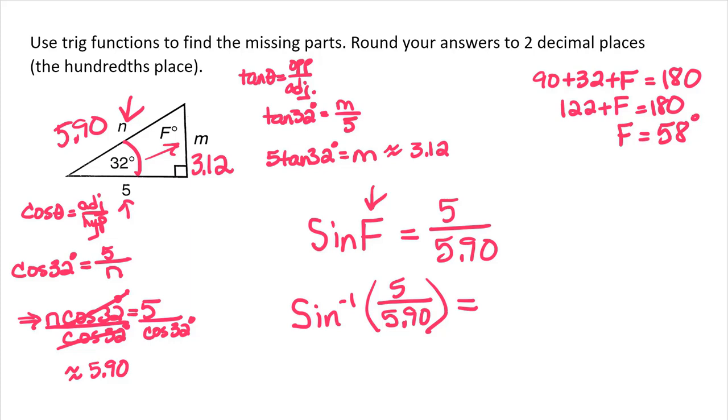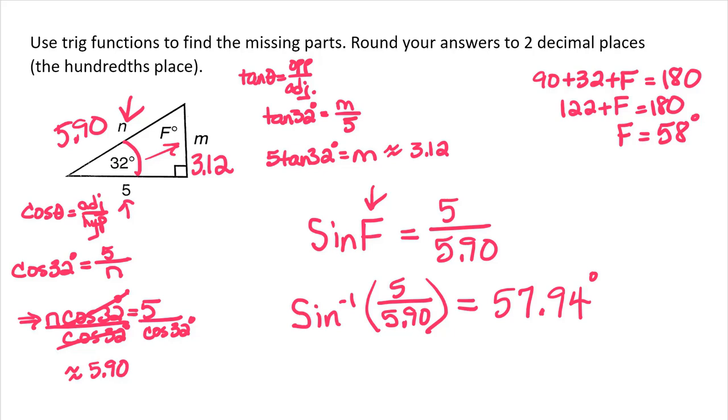So that fraction has now been divided, and now I'm going to hit inverse sine. That is going to give you 57.94.